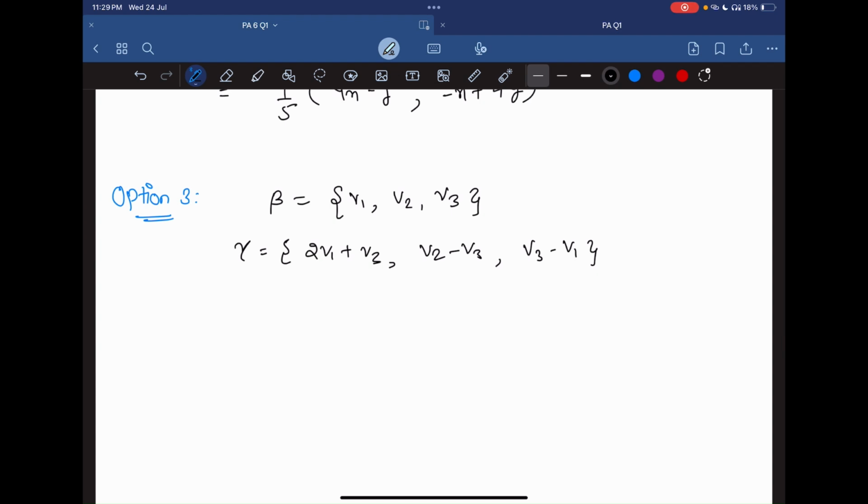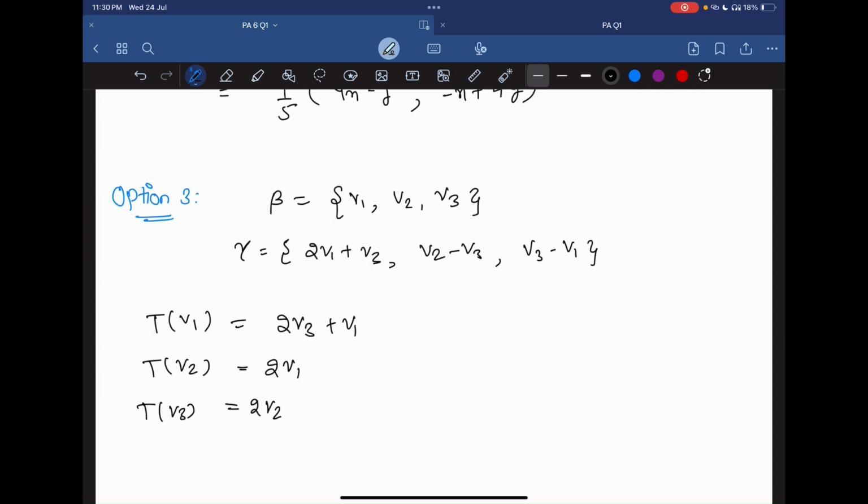So now we have to find the matrix representation for taking basis vector for the domain as beta and for codomain as gamma. For that we have given T of V1 is 2V3 plus V1, T of V2 is 2V1, and T of V3 is 2V2.